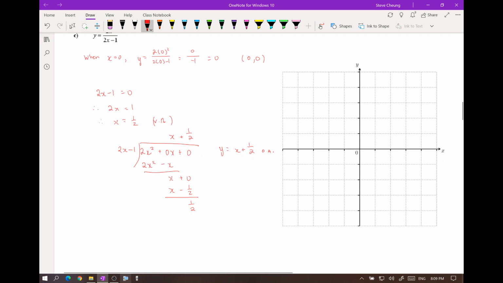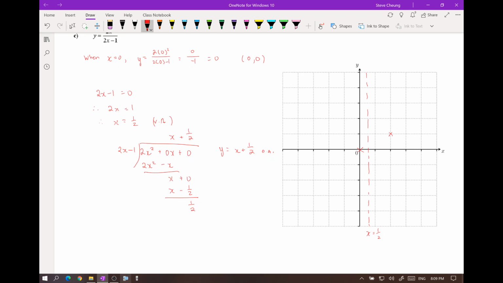And then let's put everything in on the grid. We have a vertical asymptote at 1/2. We have this oblique asymptote at x plus 1/2. So that means it starts from the origin, and then it's going to go up half and half.